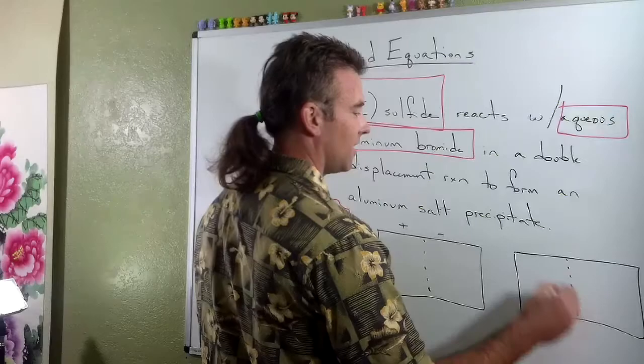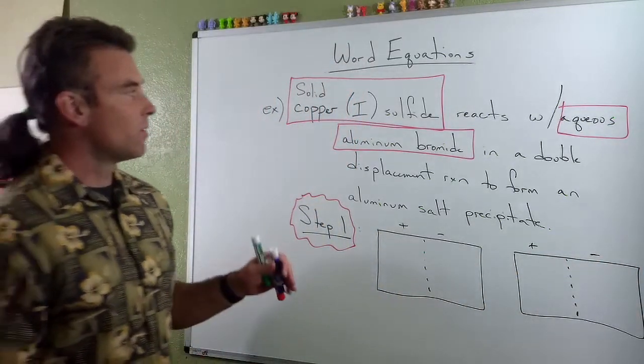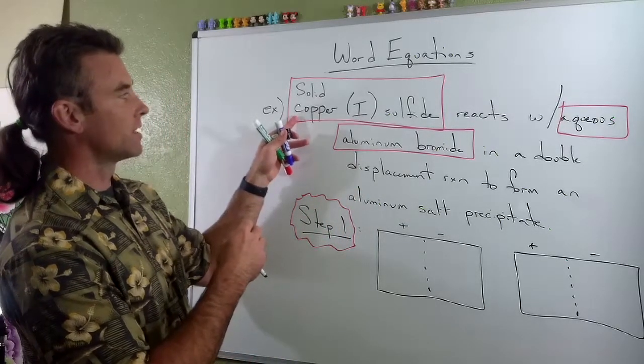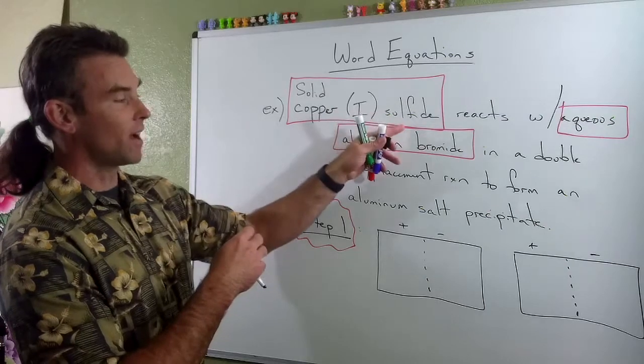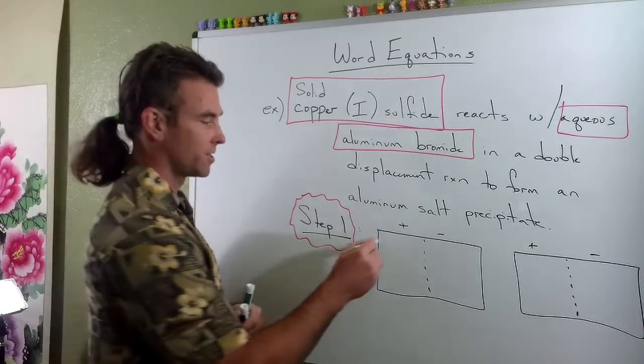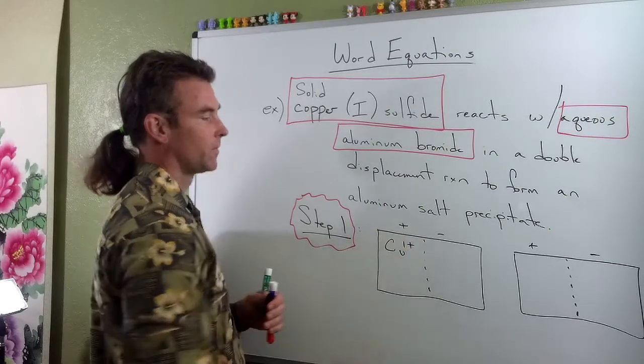And you can tell how much fun we're all going to have with this. And you go through, same exact thing. You find your charge chart, and you look at solid copper 1 sulfide. Well, we know that that 1 corresponds to copper with a 1 plus charge. So there's my Cu 1 plus.